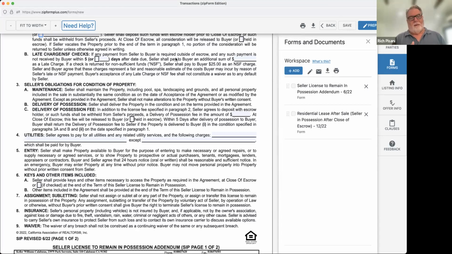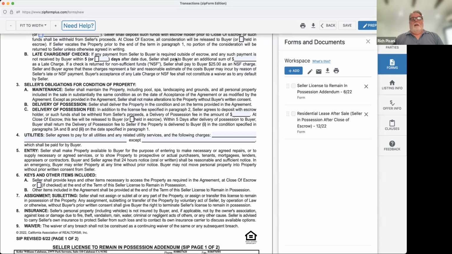So this reiterates that point that the seller shall provide keys and other items necessary to access the property at close of escrow, or there's a box here to check at the end of this term. So other items included in the agreement shall be provided. Okay. Assignment. Seller, they're not allowed to, okay, I'm going to let somebody else move in here. They're not allowed to do that.